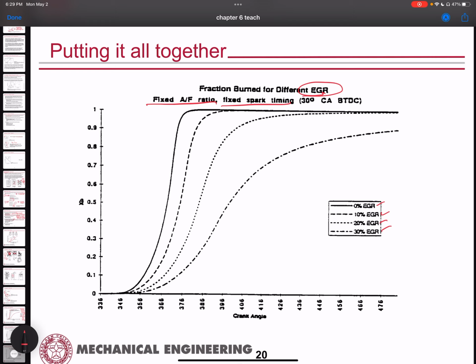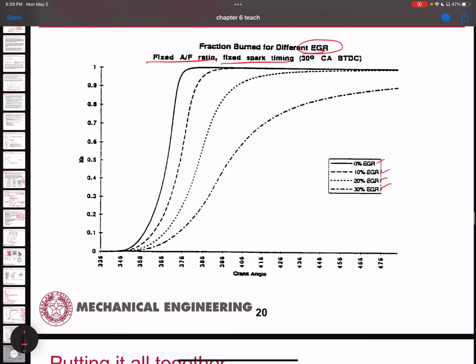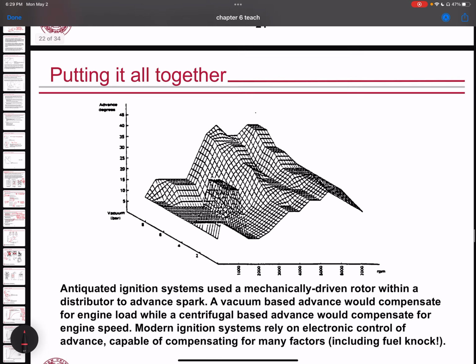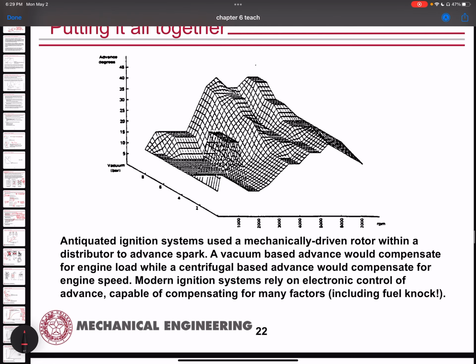Okay, so the rest of the slides basically take you through different examples of what happens as we change various things. So as we change equivalence ratio, for example, you can see what a lean burn rate looks like compared to the stoichiometric burn rate, which we actually don't have on here.